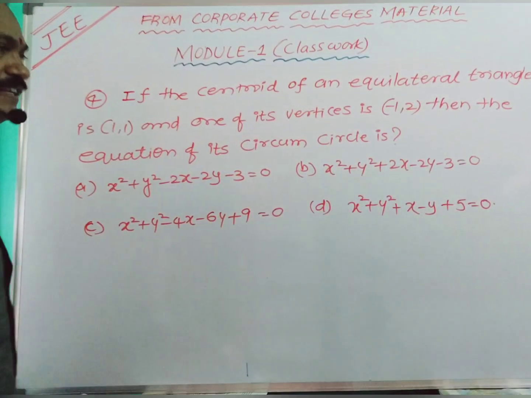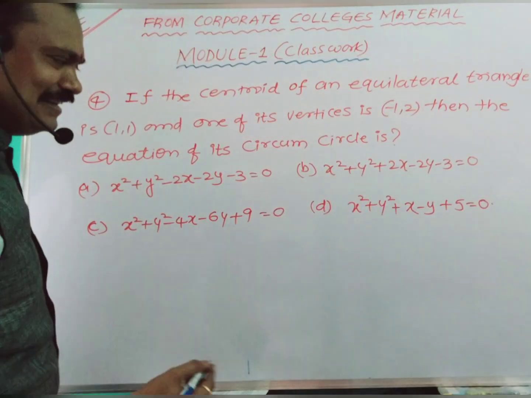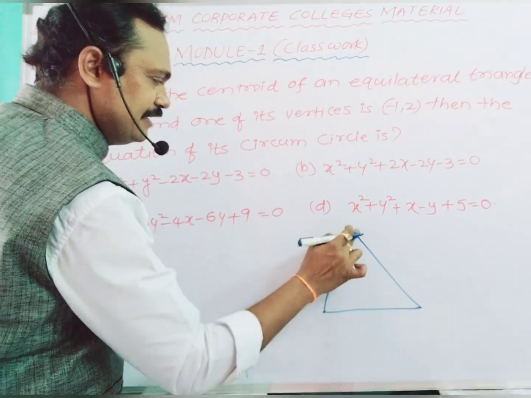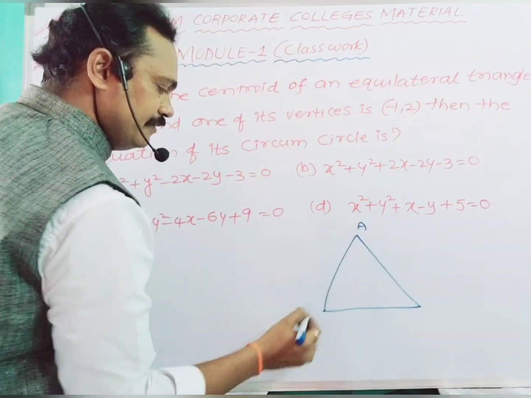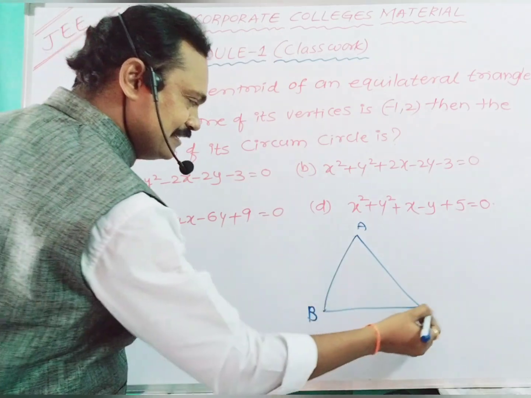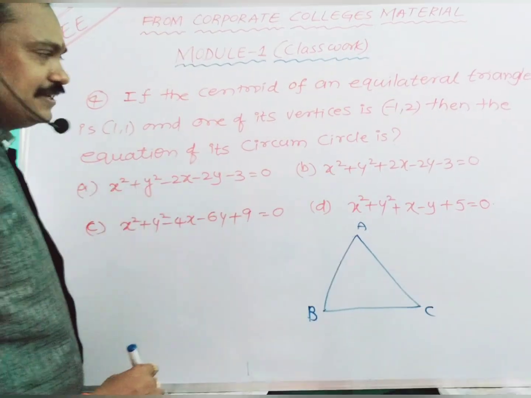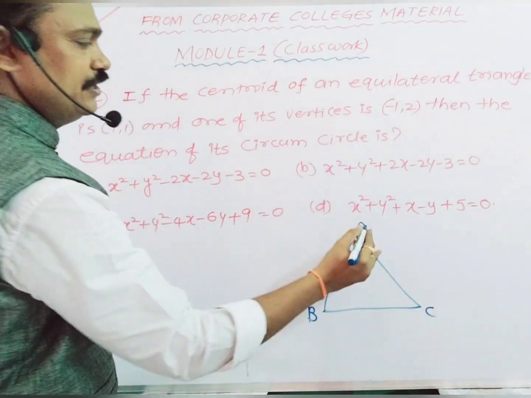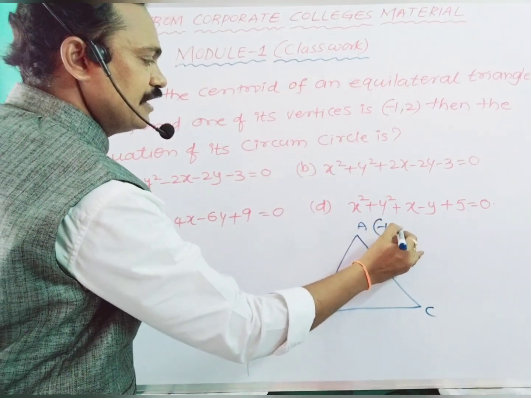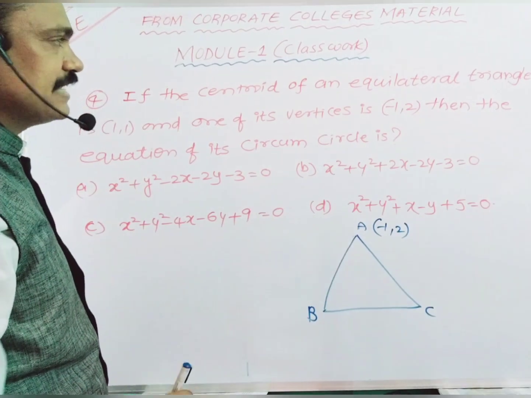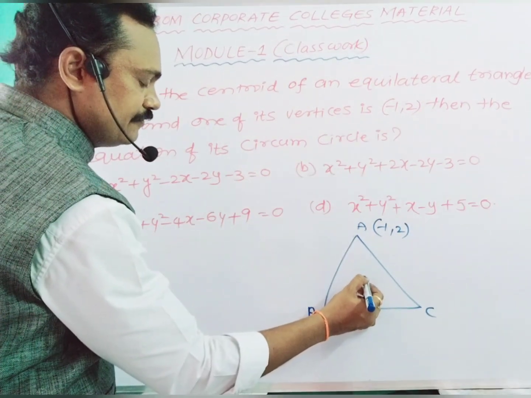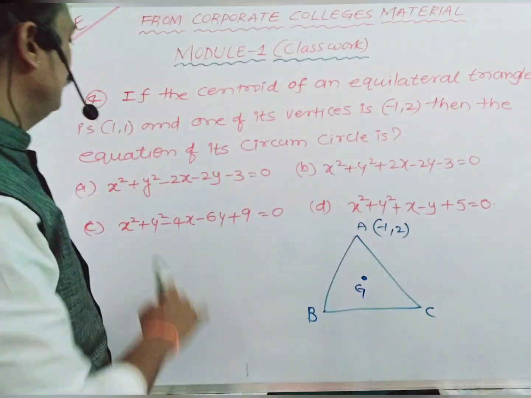This is the triangle ABC, with one of its vertices minus 1 comma 2 given, and the centroid of this equilateral triangle is 1 comma 1. This is G, the centroid 1 comma 1, right?